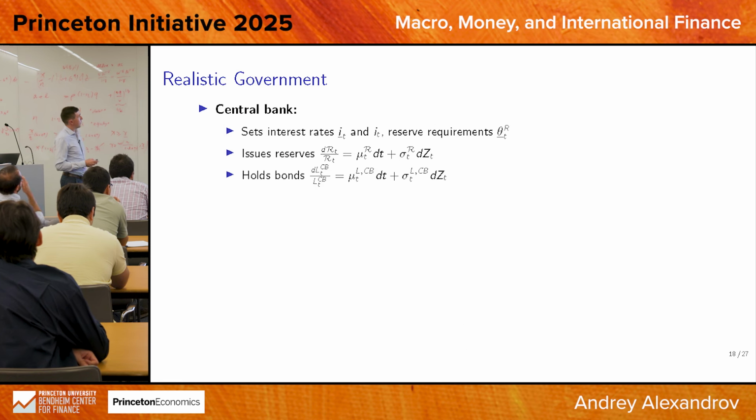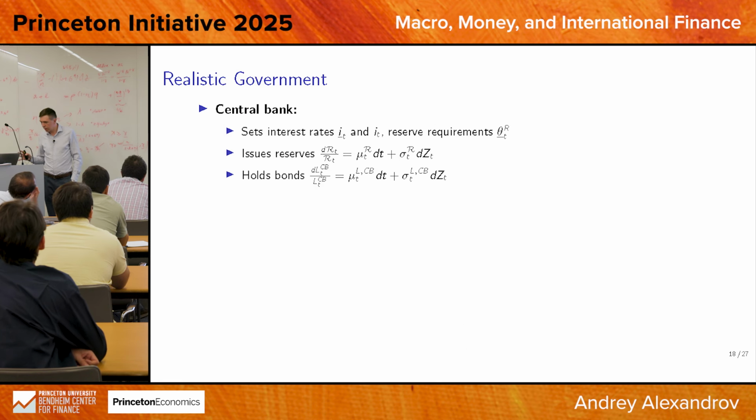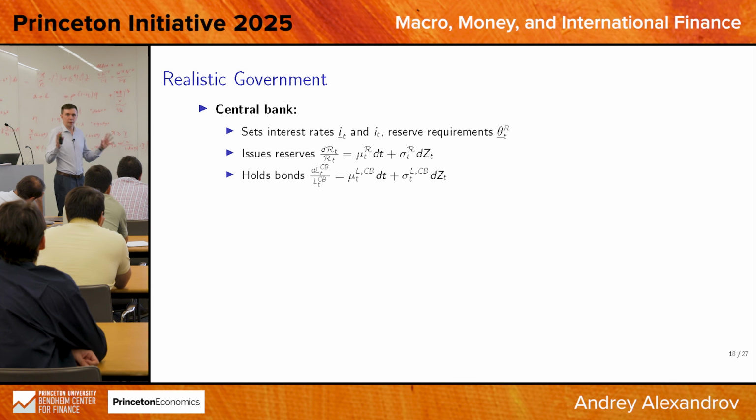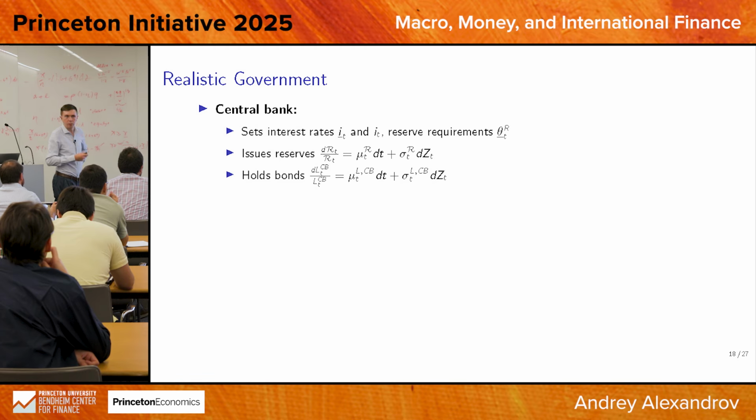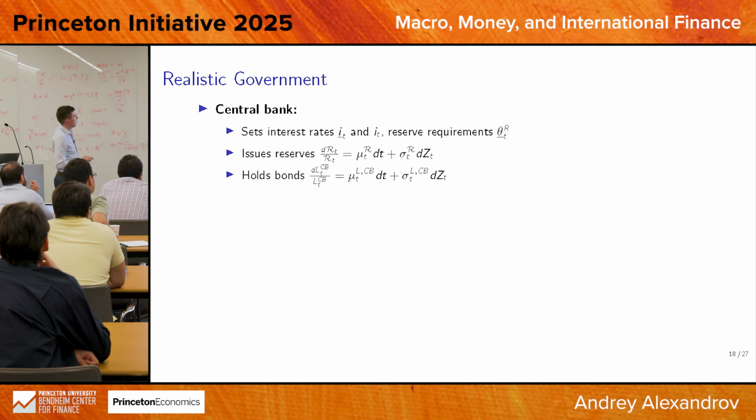So now, finally, now that we understand what goes wrong in the competitive equilibrium and what needs to be fixed, let's introduce a realistic government, something that we could at least think of implementing in reality. So let's have a central bank that has two interest rates, one on required reserves, one on excess reserves, and also potentially reserve requirements, and can issue central bank reserves with a drift and with a volatility loading.